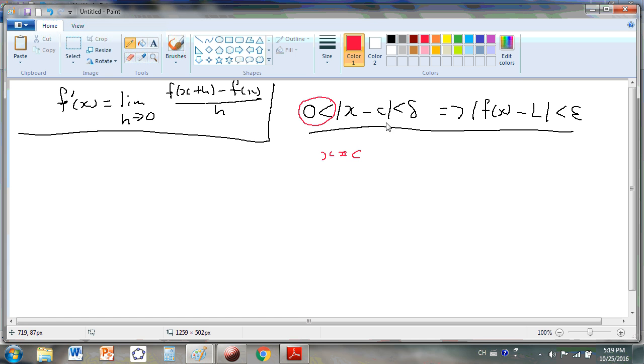And also we need to know the value of L. So now wait a minute. The value of L happens to be the derivative, and you'll see how it turns out to be completely circular. It's not even an actual definition.